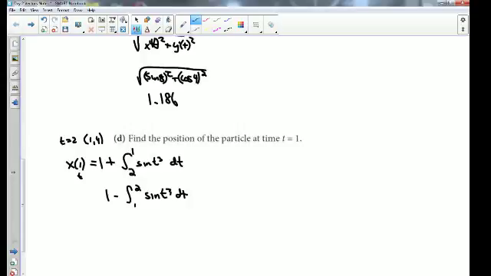Wouldn't it be 1 minus? Yeah, I had these switched. So you start at time 2, go to time 1, right? So we have to switch them. So x at 1 is, and it's a calculator problem, 0.782.